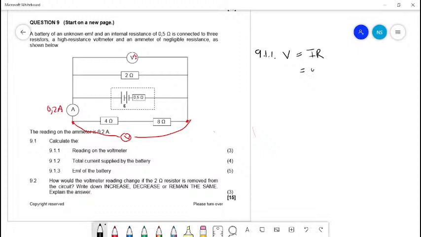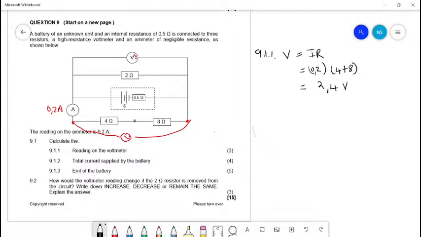So the current is 0.2 times 4 plus 8, and that will give us an answer of 2.4 volts. So the voltage of this branch is 2.4 volts.